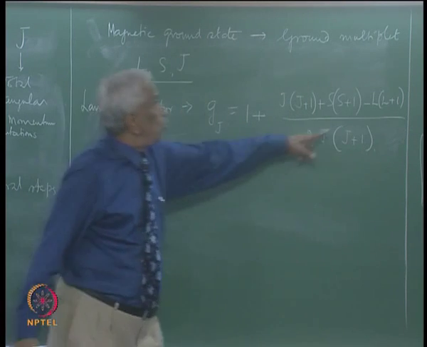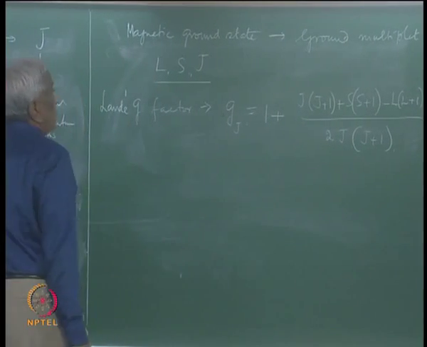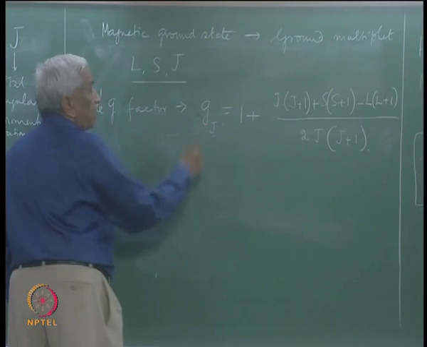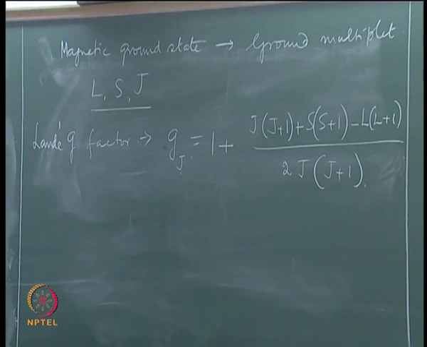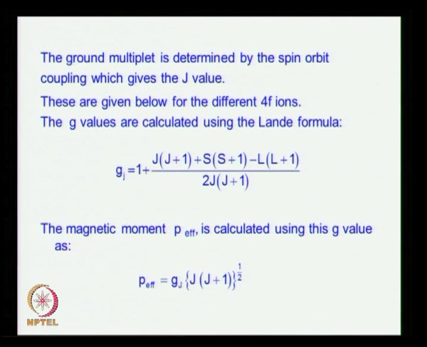Since we know L, S and J for a given multiplet, we can immediately find the corresponding G value. This is also what we have to find out.